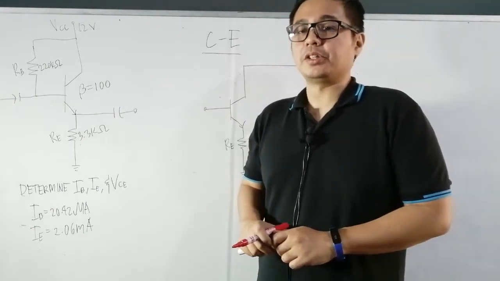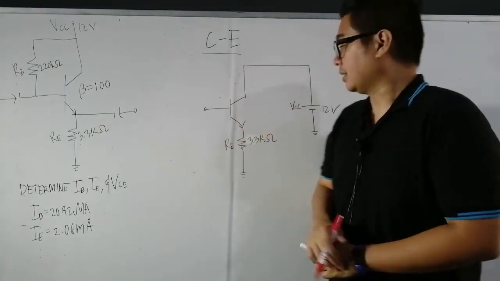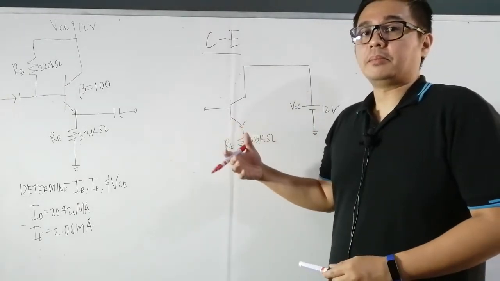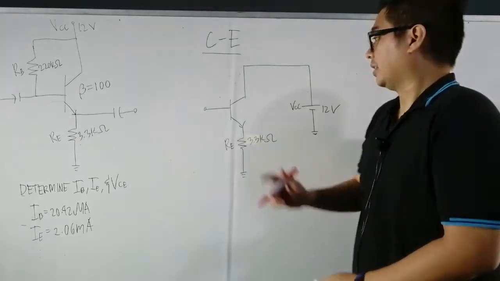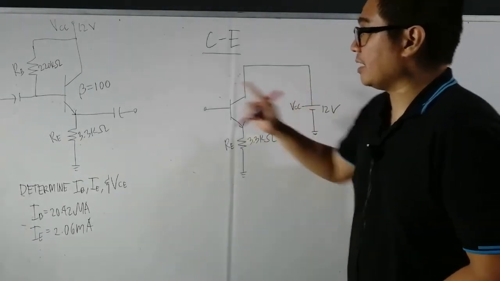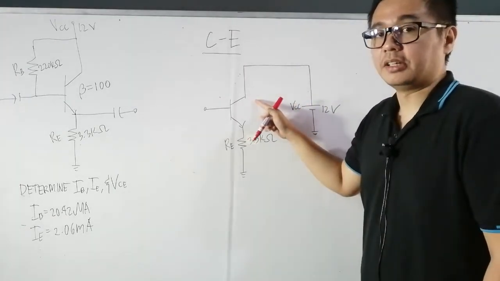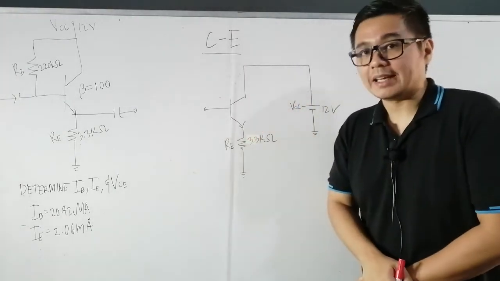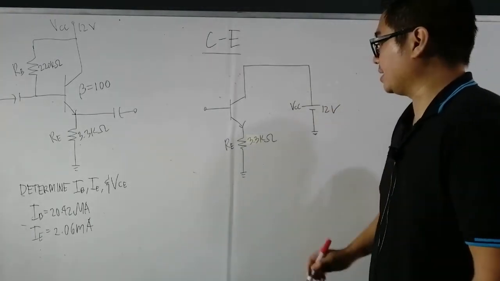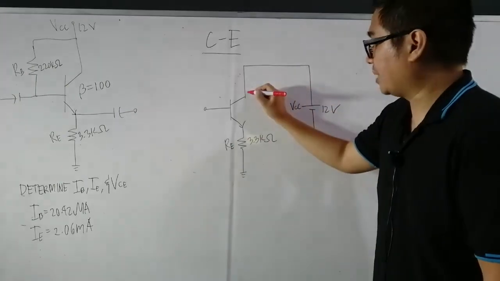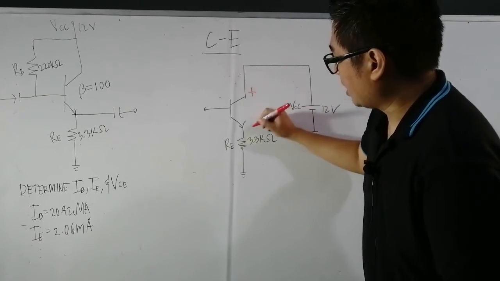common collector configuration. I have drawn the collector and emitter terminal side. This is similar dun sa mga sinusolve natin before for the common emitter configuration, di ba? So we have yung VCC, binend natin pa kanan, directly connected siya dun sa ating collector. Now we can write down the induced polarities and currents. Again, susundan lang natin yung orientation ng ating VCC. We have positive, plus dito, and minus dito.